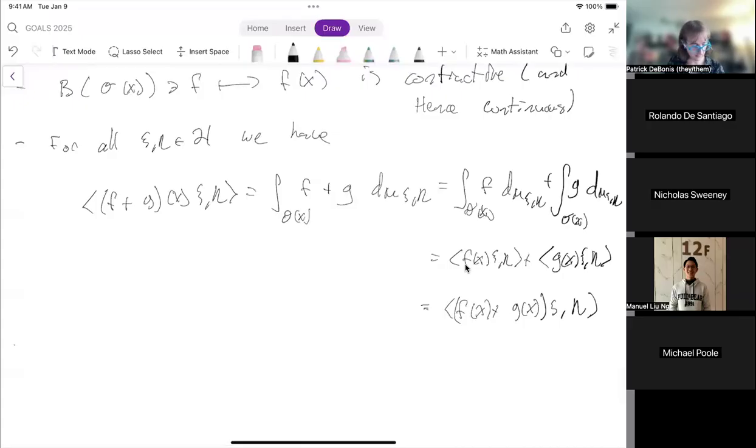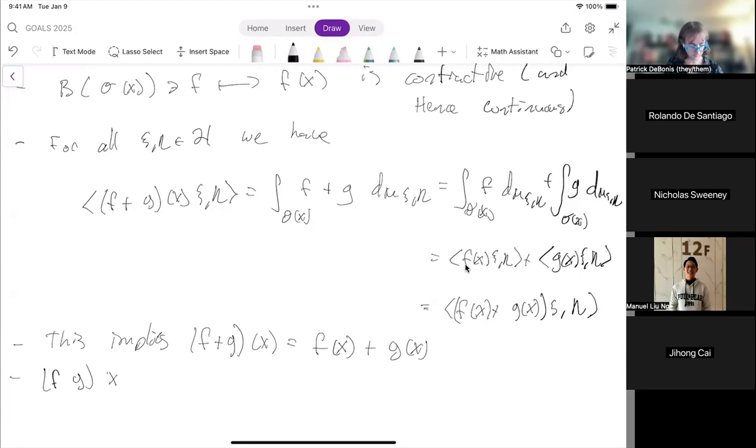This implies that the operator f plus g of x is the same as the addition of these two operators. And you use this same process to show that the multiplication goes through as well, and then the adjoint as well.